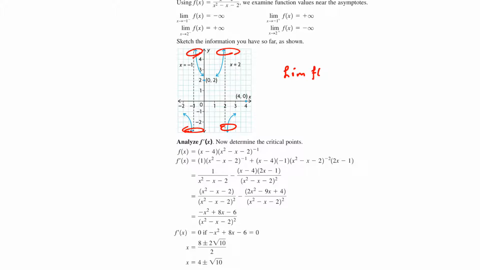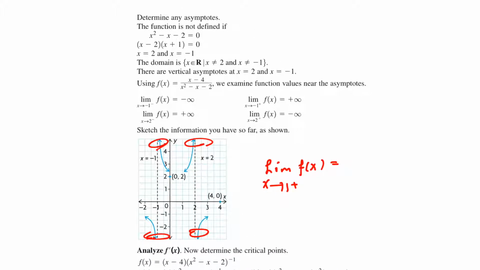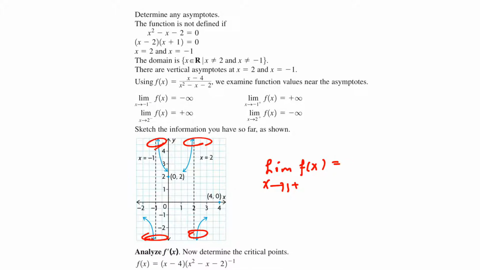Let's find the limit of f of x as x approaches -1 from the right side. The denominator is x minus 2 times x plus 1 and the numerator is x minus 4. When x is around -1, the numerator is definitely negative.